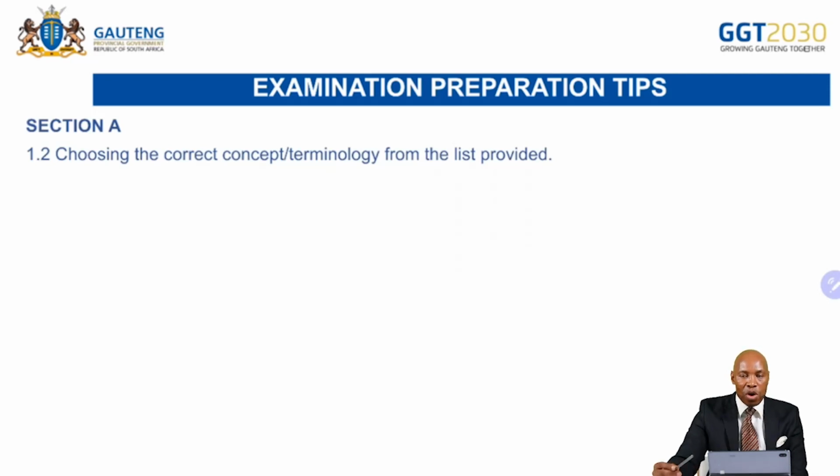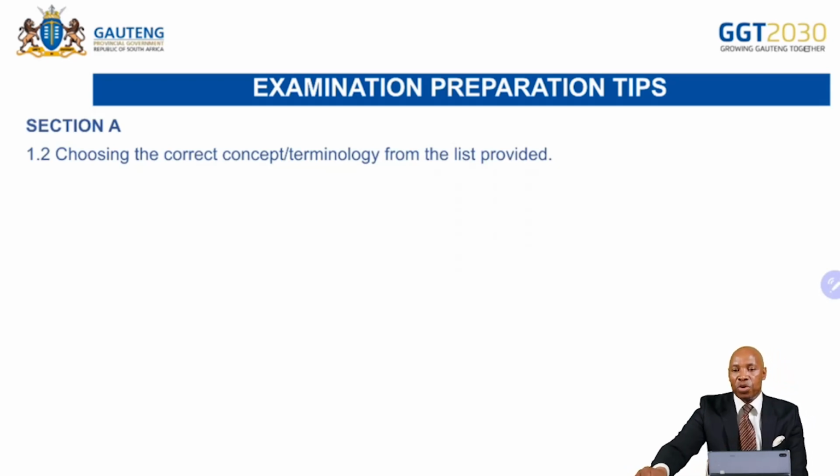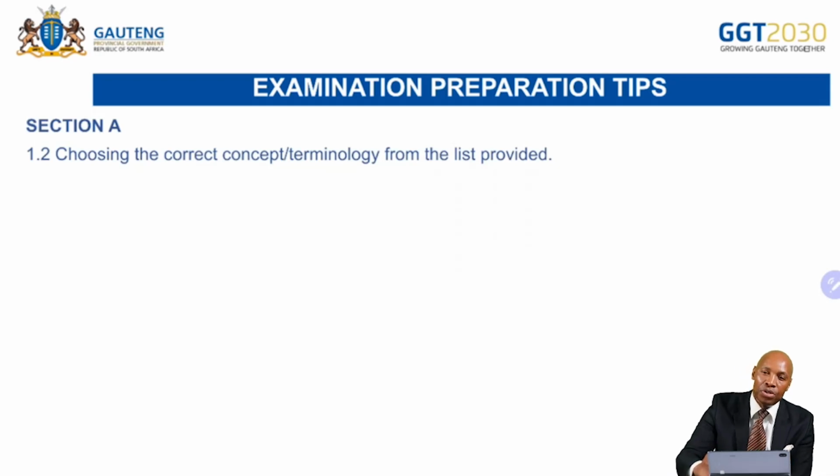Now on 1.2, what is important, you are required to choose the correct concept or terminology from the list provided. Remember, in your question paper, you will get that list wherein you have statements to fill in, with missing words that are taken from the list. Now, candidate, let me warn you.